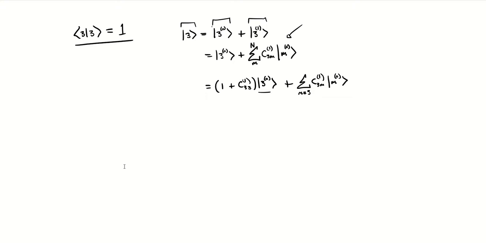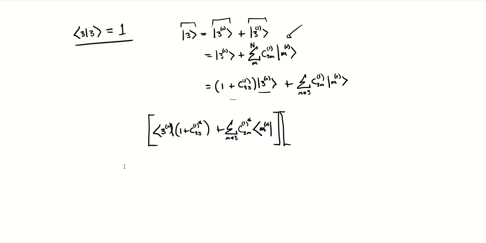We have the bra of 3 to the 0, 1 plus C_33 first, the complex conjugate of that, plus the sum over m not equal to 3 of C_3m complex conjugate, times those unperturbed bras. All of that inner product with this.